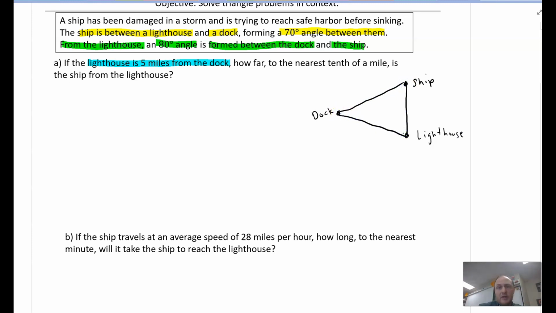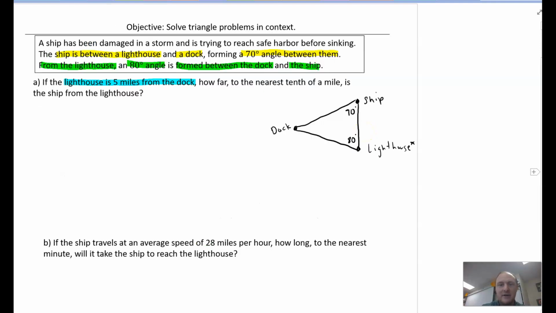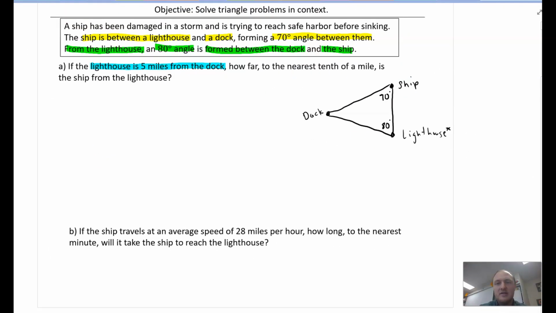It doesn't appear to be right, but let's apply the information. The ship between a lighthouse and a dock forms a 70 degree angle, so this is 70 degrees. From the lighthouse, an 80 degree angle is formed, so that's 80 degrees. I can easily find the other angle using the triangle sum theorem. Then if the lighthouse is 5 miles from the dock, I know that this side is 5, from the dock to the lighthouse.